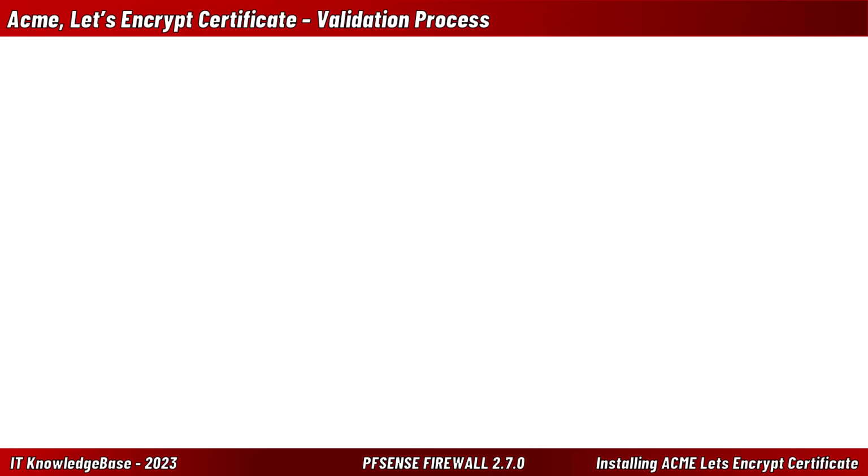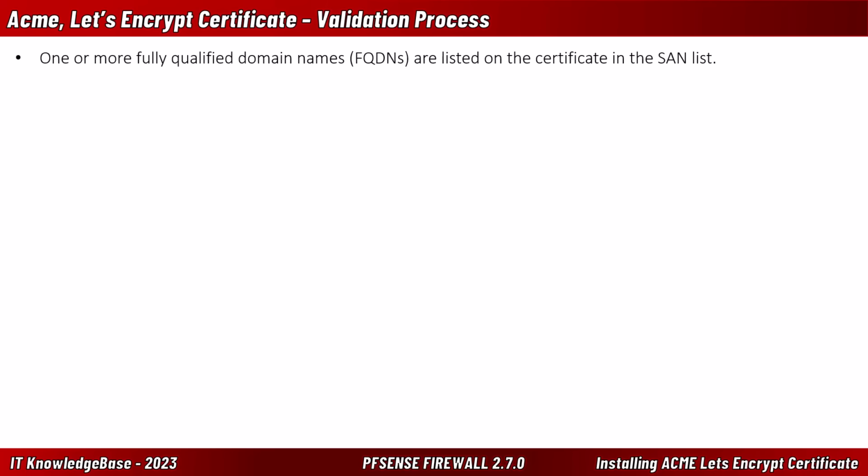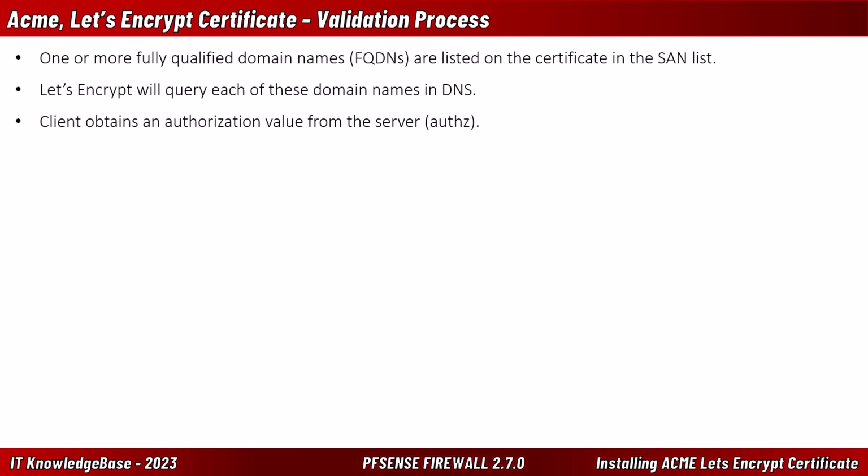Validation process. When creating a certificate, one or more fully qualified domain names, or FQDNs, are listed on the certificate in the SAN list. Let's Encrypt will query each of these domain names in DNS in different ways, depending on the validation method. When a validation method starts, the client obtains an authorization value from the server.